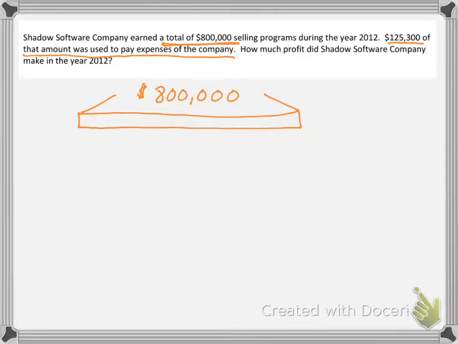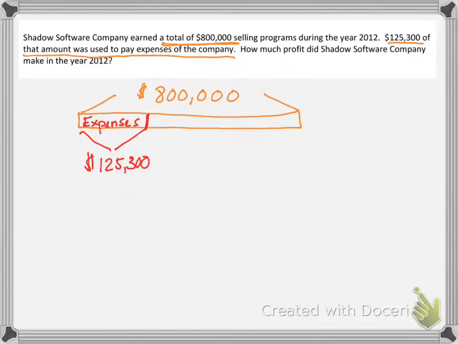So part of that tape diagram, I'm going to make over here because 800,000 is big. This is smaller. This amount is going to be $125,300. And let's label it. This was the expenses.